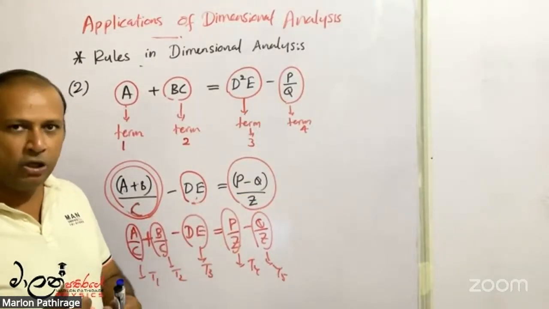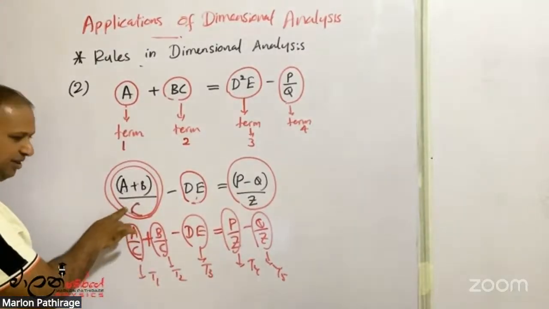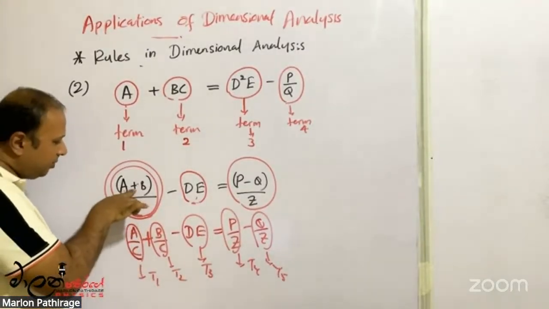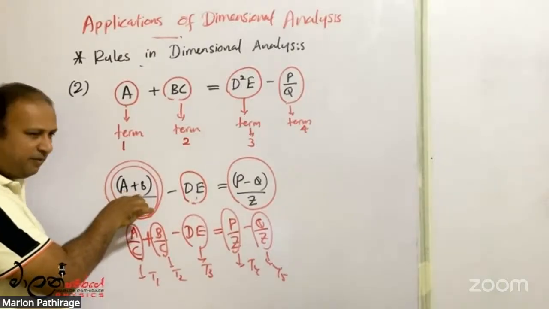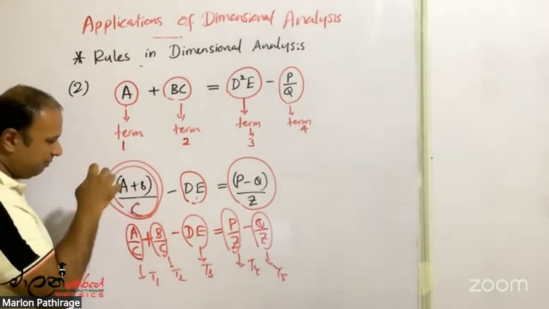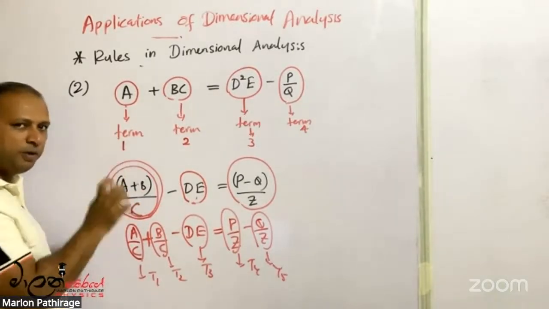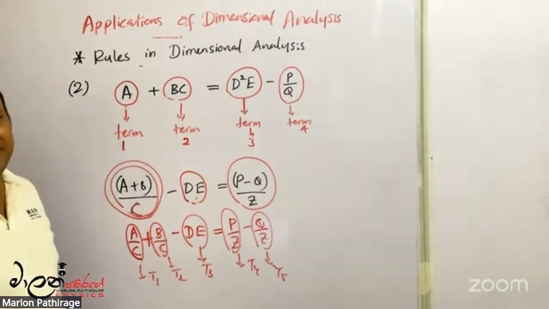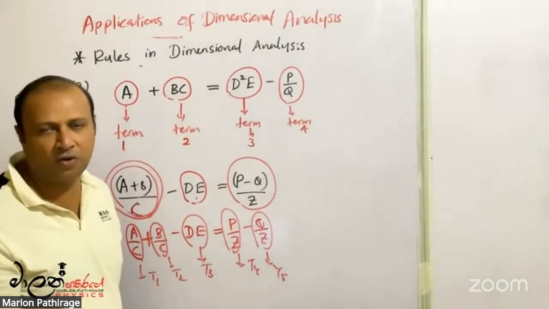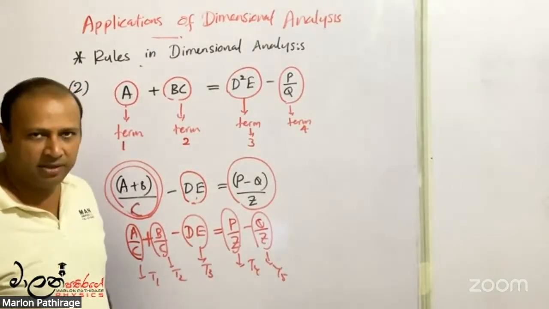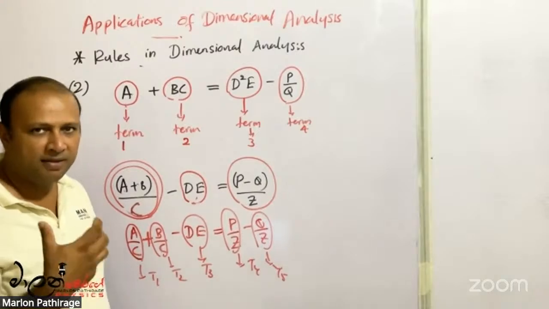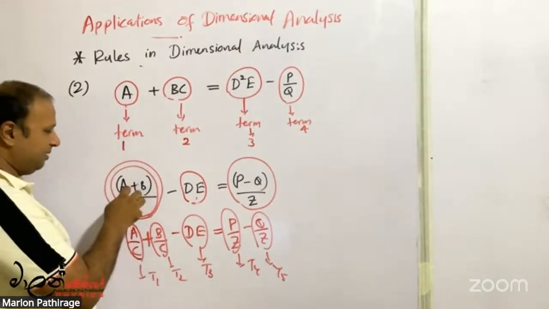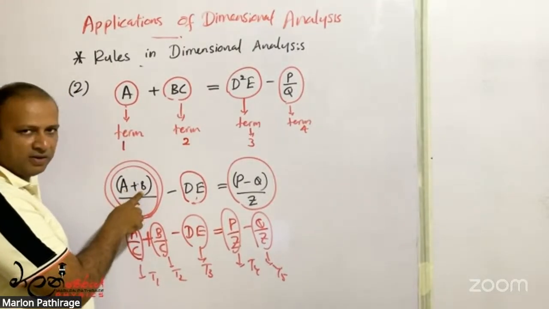And so within this term, there are two terms. But you know, according to our previous rule, these two are the same physical quantities. Therefore, instead of considering two single terms, if suppose this is a velocity, this one also a velocity.